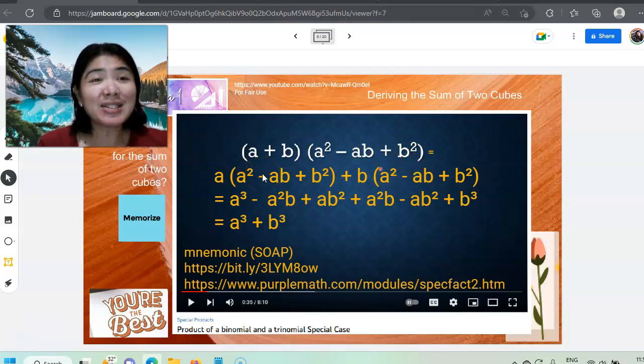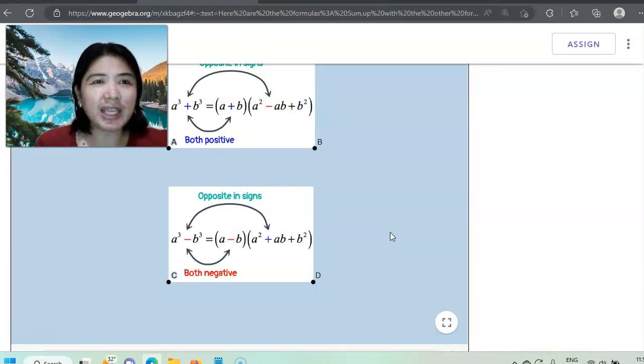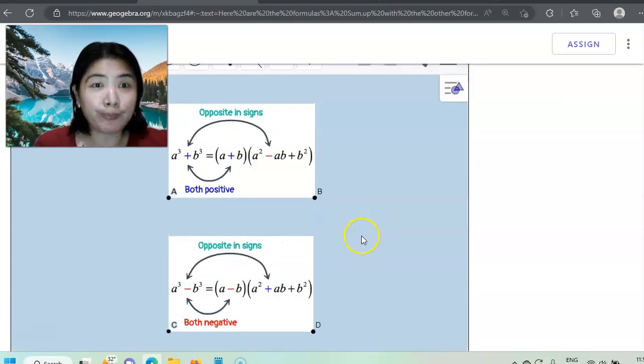So yes, welcome to grade 7, to 7th grade. You have to be careful with signs, so then this mnemonic will be very applicable or useful. So basically, to differentiate the factors of a sum of two cubes and the factors of the difference of two cubes, we are going to consider SOAP.